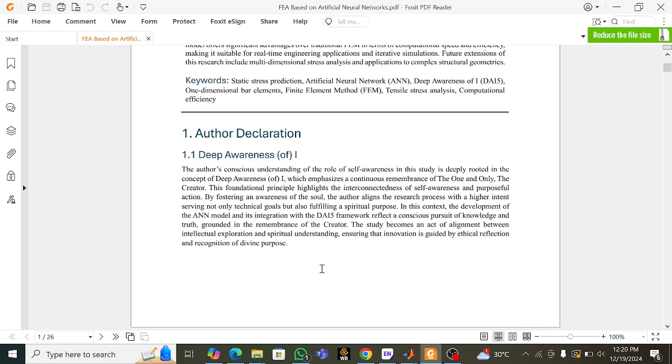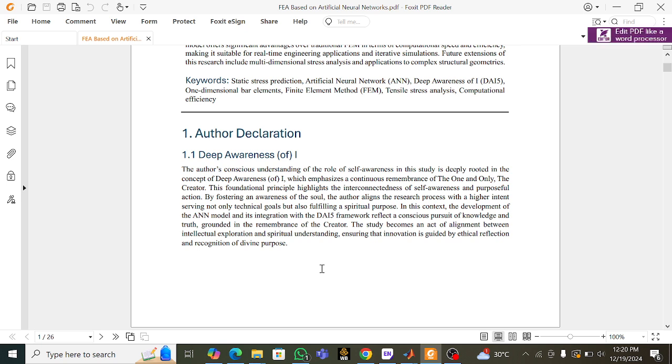This study, like the development of the artificial neural model and integration of the diaphragm framework, reflects a conscious pursuit of knowledge and truth, grounded in the remembrance of the Creator. So the study becomes an act of alignment between intellectual exploration and spiritual understanding, ensuring that innovation is guided by ethical reflection and recognition of divine purpose.